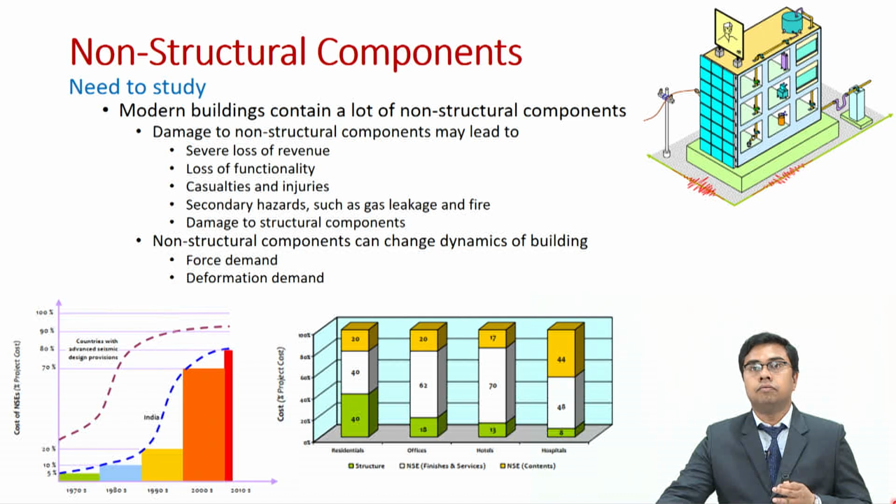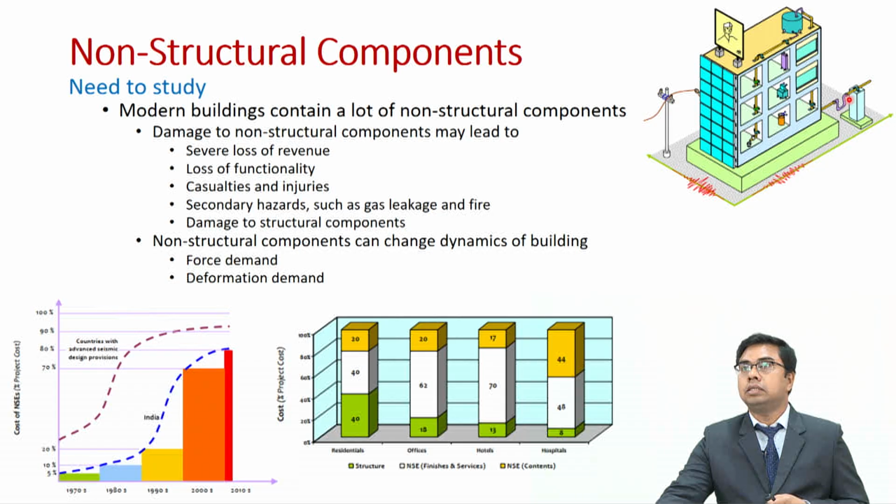So, the first thing which comes to our mind is why do we need to ensure safety of non-structural components in a building. Let us say we have a given building over here, we have plumbing lines. Since we need water supply in the building, we have a small rooftop water tank. We also have many equipments including washing machines or gas cylinders, etc. We also have some sunshades placed in the building.